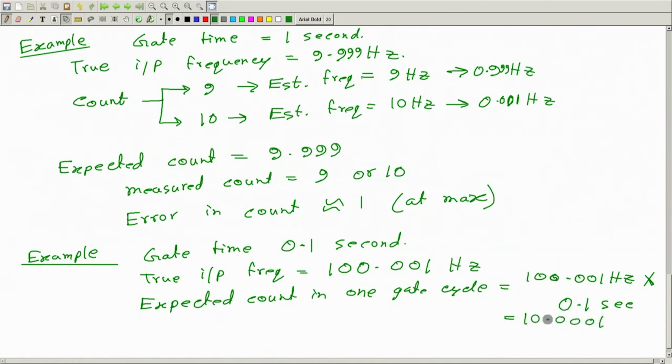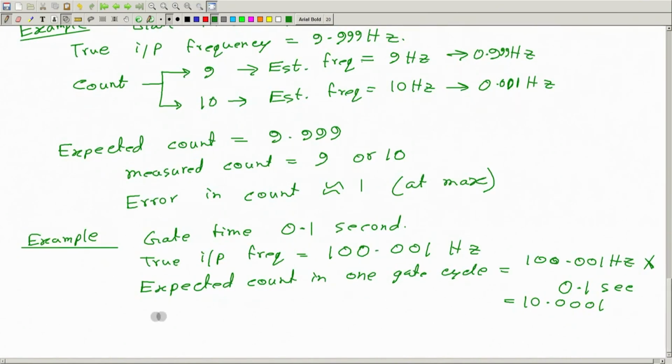This is the expected count, but what will be the actual count? Count cannot be a fraction. Okay. So, the measured count will be either 10 or 11.